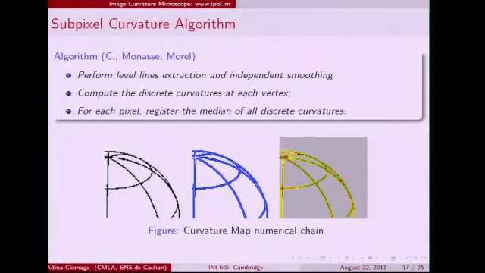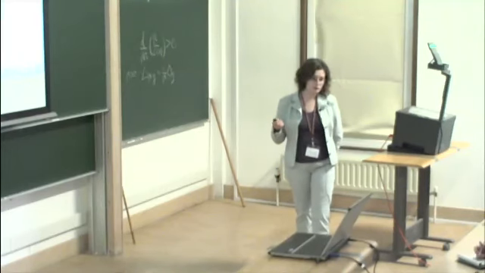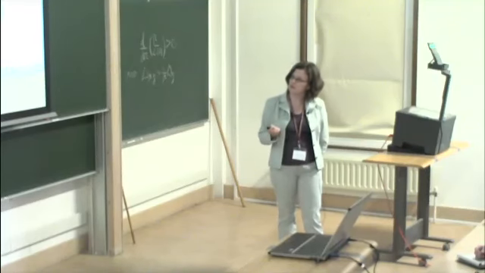And the algorithm that we have implemented, and as I mentioned, can be tested, starts with an image and extracts the level lines. Now, the quantization step for the level lines extraction is a free parameter. And then, since the level lines are closed polygons, we can compute the discrete curvature.